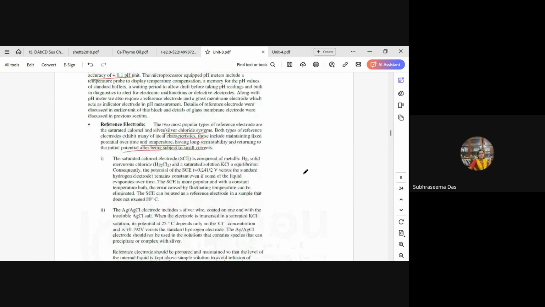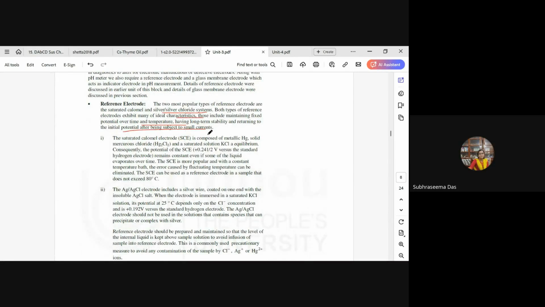The SCE, the saturated calomel electrode, is composed of metallic mercury, solid mercurous chloride, and a saturated solution of KCl that are in equilibrium with each other. Consequently, the potential of this SCE has been measured to be +0.2142 volts versus the standard hydrogen electrode, which we know has been taken as 0.